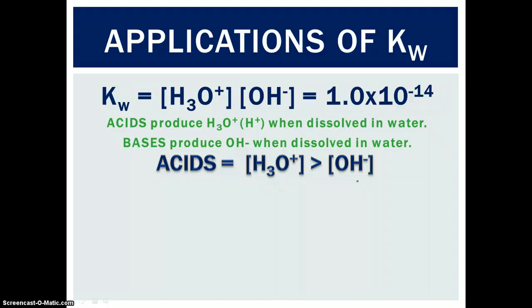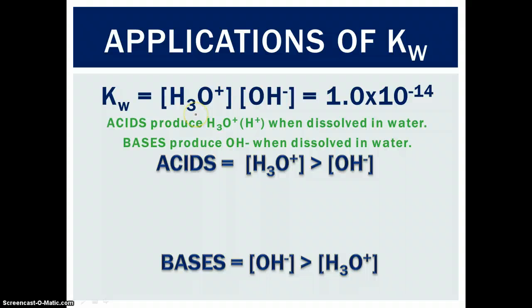The reverse is true for bases. Bases produce a hydroxide ion when they dissolve in water. So when you dissolve a base in water, the hydroxide ion concentration is going to increase, thus the hydronium ion concentration will decrease, and bases are defined by a hydroxide ion concentration greater than the hydronium ion concentration.